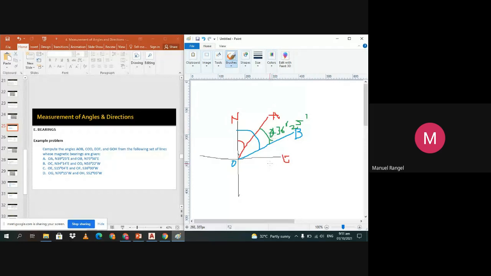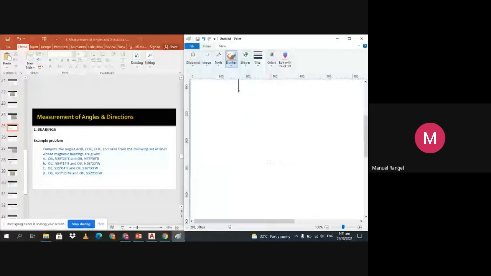Okay, for letter B. OC, we have the bearing of north 34 degrees 14 minutes east.